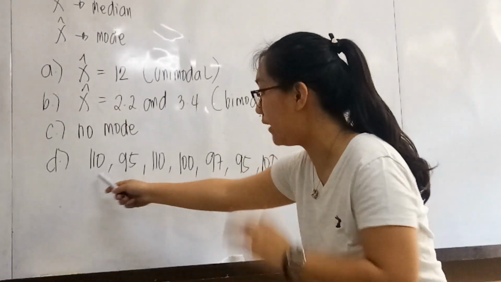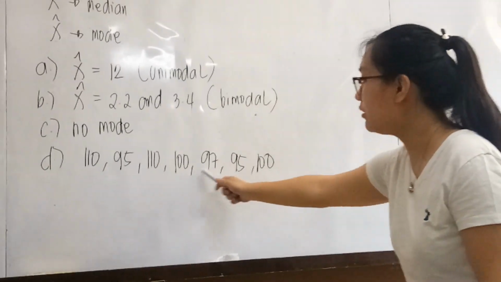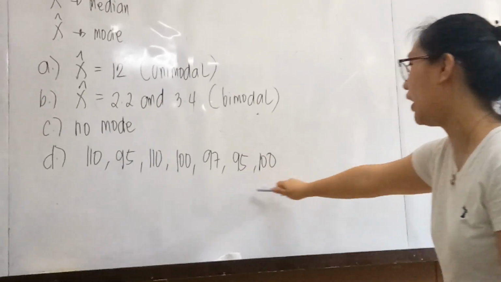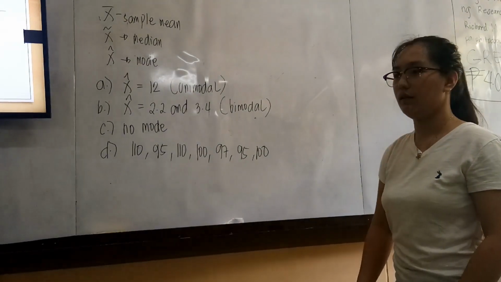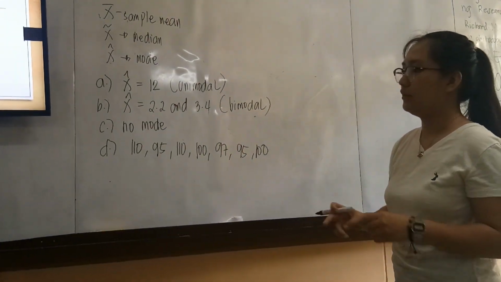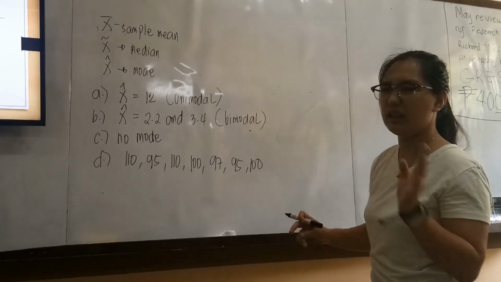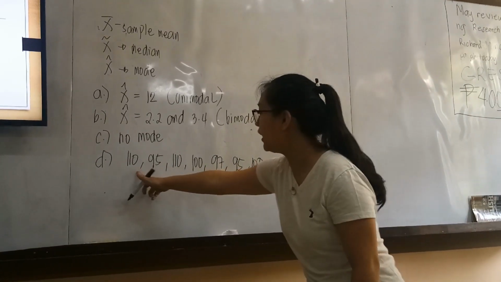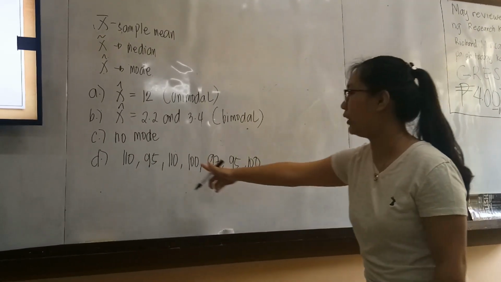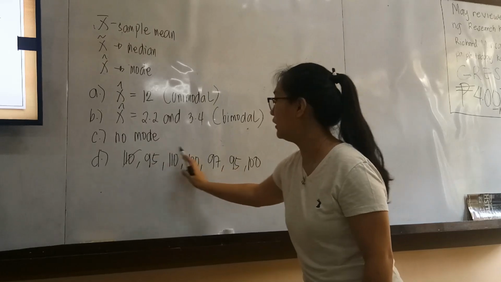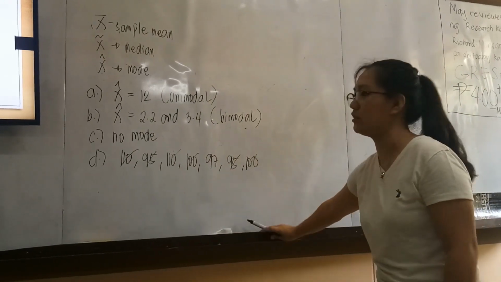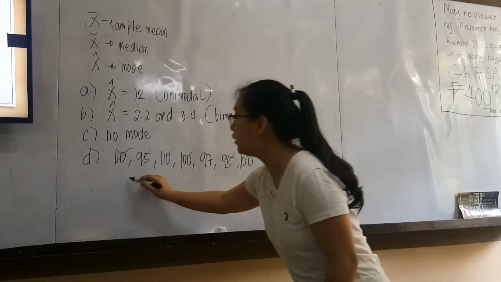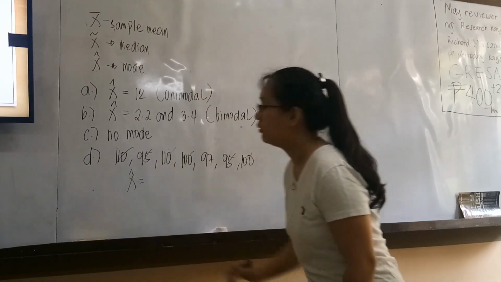So we have 110, 95, 110, 197, 95, 100. Of course, let's do it, since the previous one takes time. So in here, how many times did 110 appear? Twice. 95? Twice again. And then we have 100, which is twice. So what would be your move?